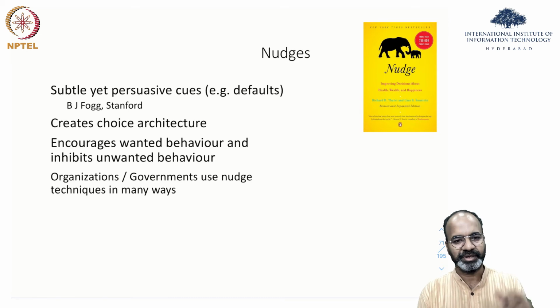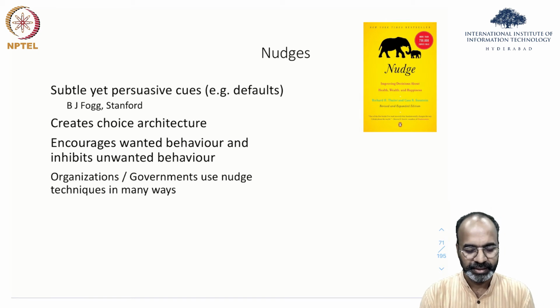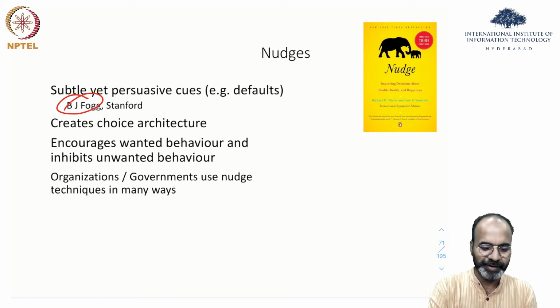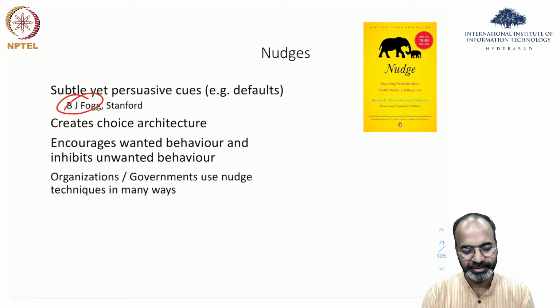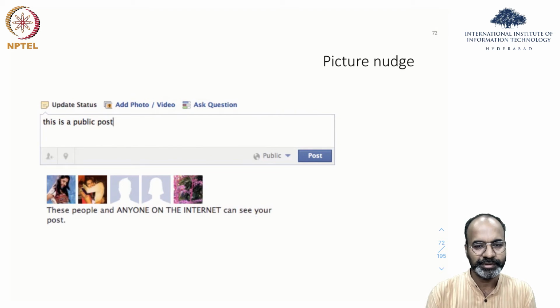Nudges is a topic that's been very well studied for many years now. I refer to some of the books here, and to some of the faculty who are working in this space, and it definitely helps in making better choices, particularly informed choices, if the users are nudged.